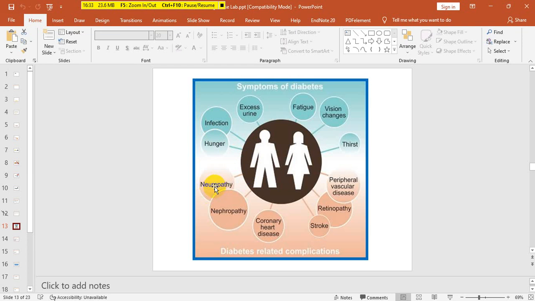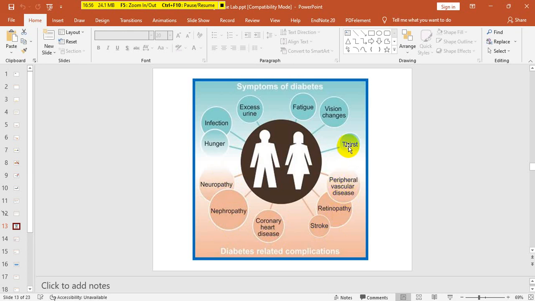They have what? Neuropathy or diseases associated with the nerves. They have nephropathy, that is diseases associated with the nephrons or the kidneys. And the nephron is the functional unit of the kidney. They have heart problems, coronary heart problems. They have stroke, retinopathy, peripheral vascular disease.